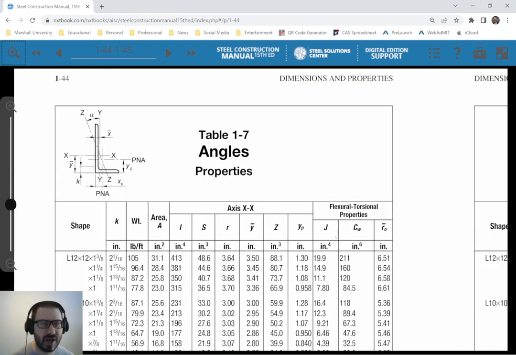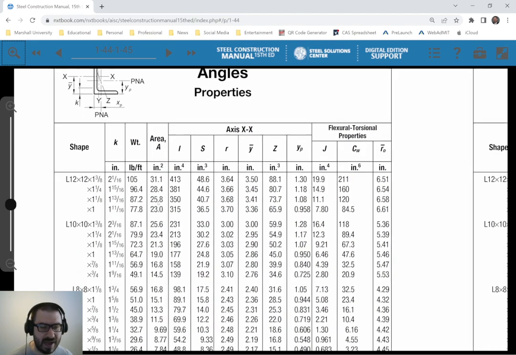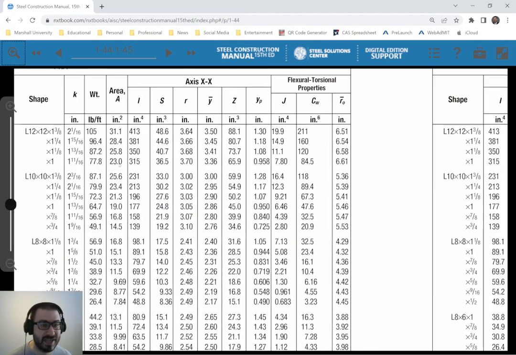Now, first off, again, look at your schematic. One thing to keep in mind is that if you ever have an angle of unequal leg length, X bar measures from the long leg to the centroid and Y bar measures from the short leg to the centroid. But we're lucky on this problem because we have an angle of equal leg length.